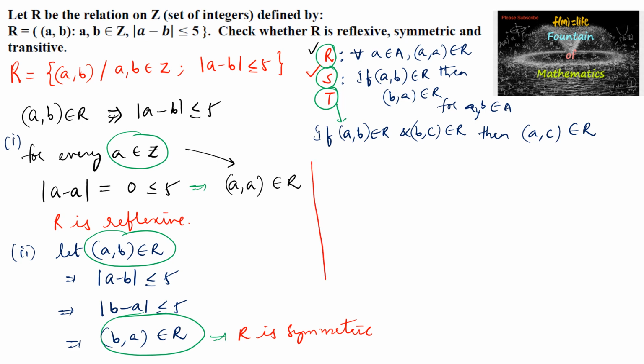And coming to the third one, we'll consider an example to check whether R is transitive or not. Let 1 comma 3 belong to R, since the modulus of 1 minus 3, that is negative 2, is 2, which is less than or equal to 5.